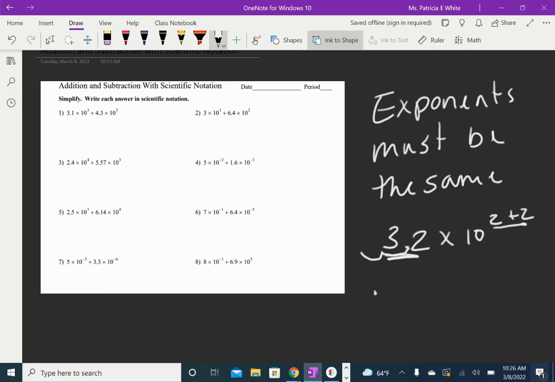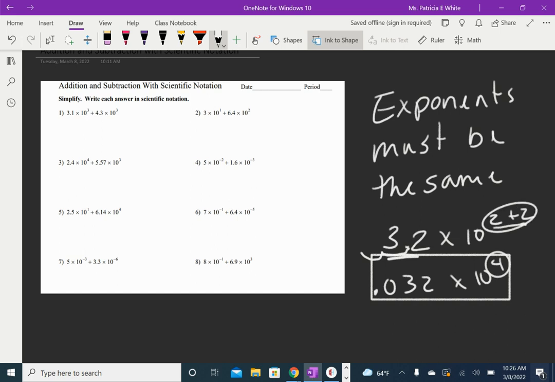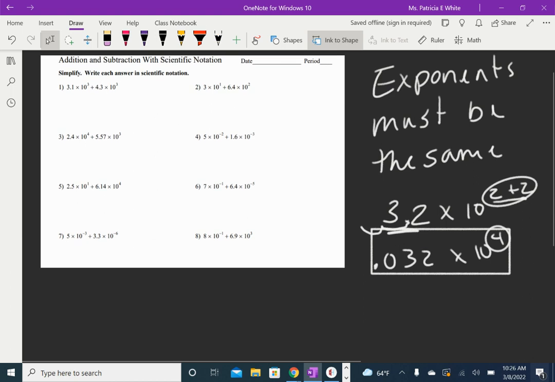So this is the same thing as 0.032 times 10 to the 4th. Now, I know that's not written correctly in scientific notation, but what I needed there was an exponent of 4. I've got to be able to change the exponents. If I make them bigger, I have to make the numbers smaller.